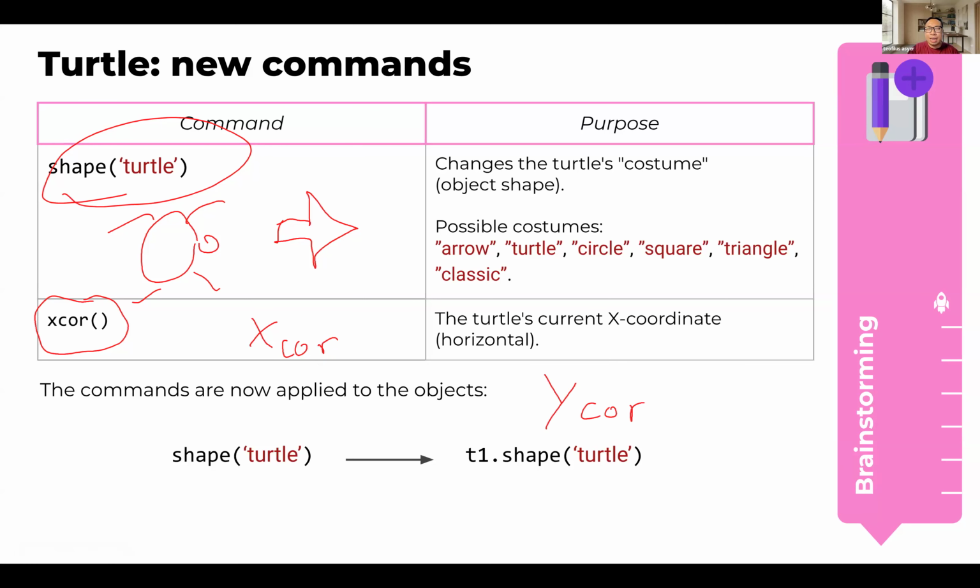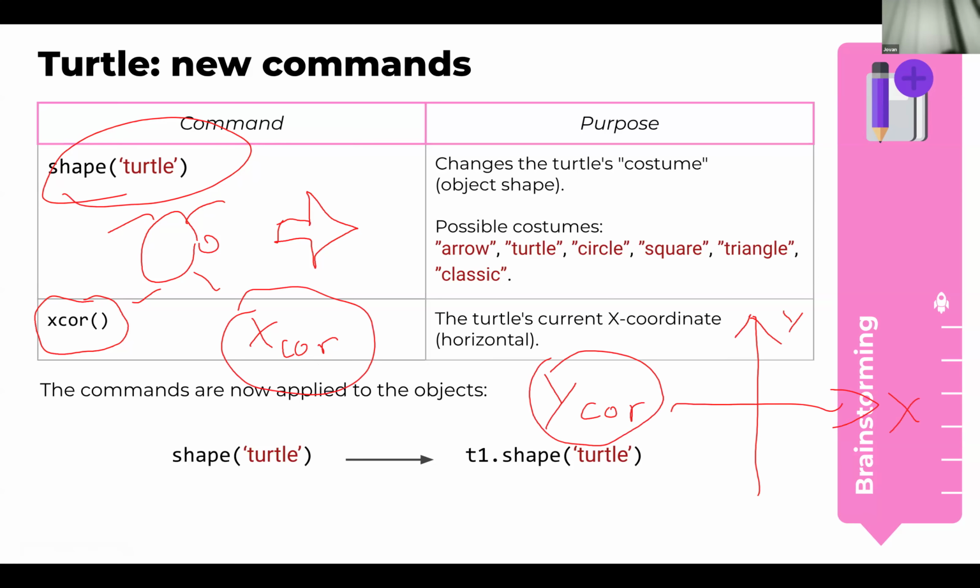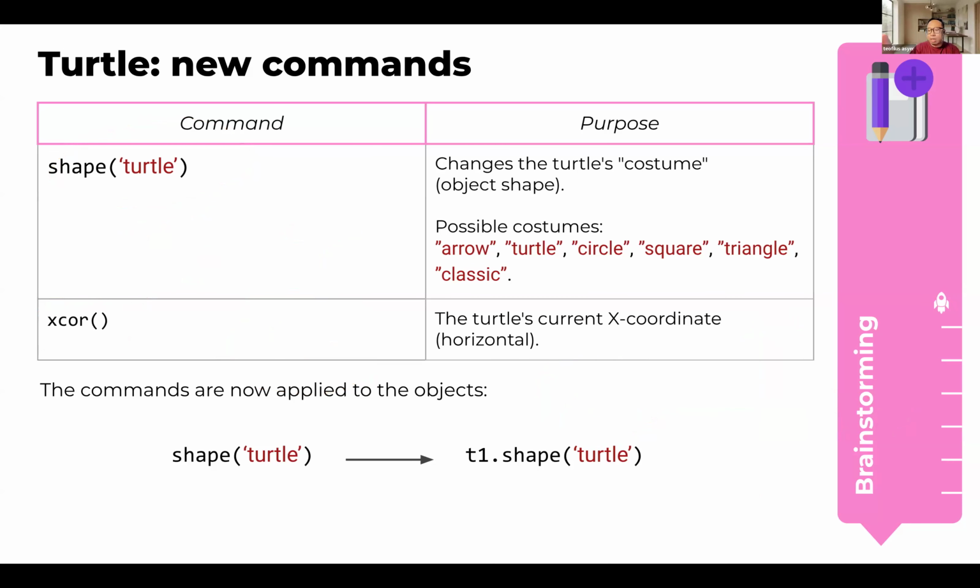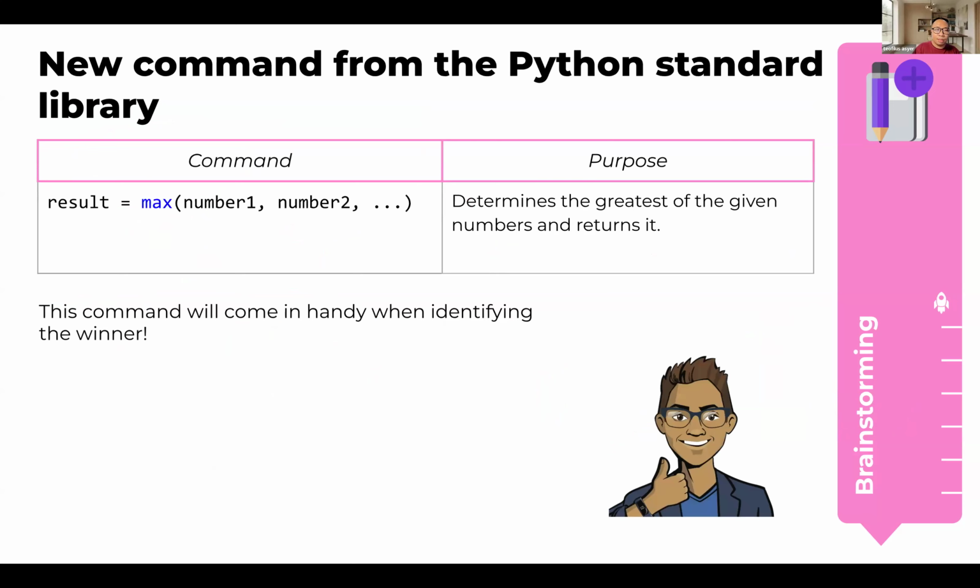If you want to add coordinates in your turtle project, you can use xcor and ycor. xcor is for the horizontal part, the X axis, and ycor is obviously for the Y axis. You get it? Yes. Okay, let's see the next slide then.